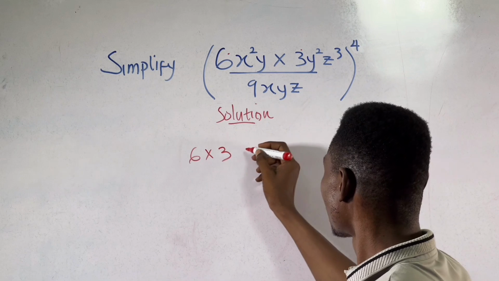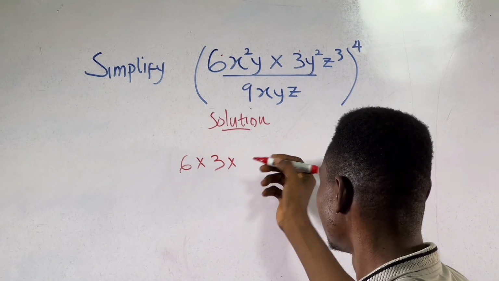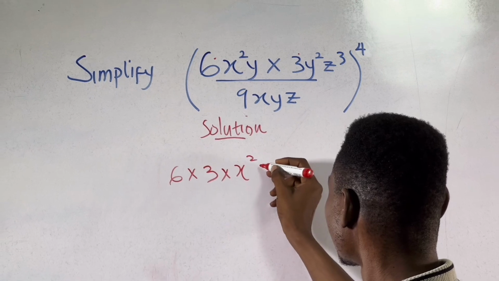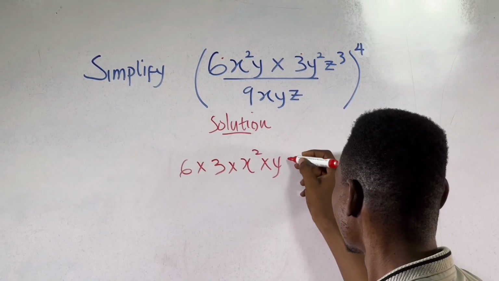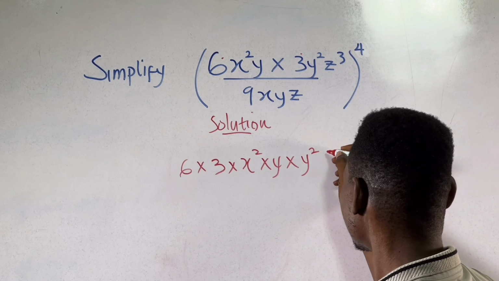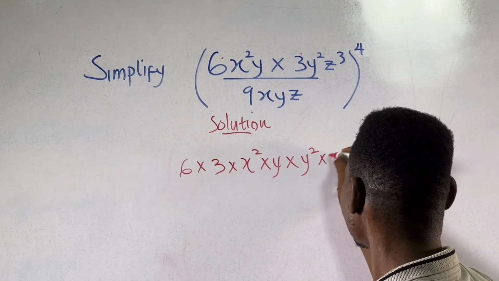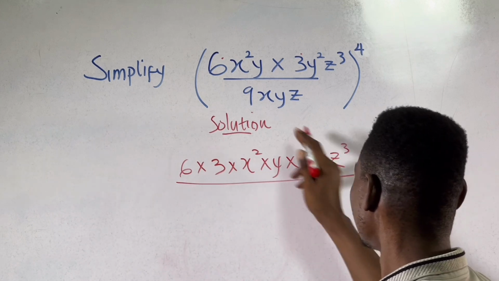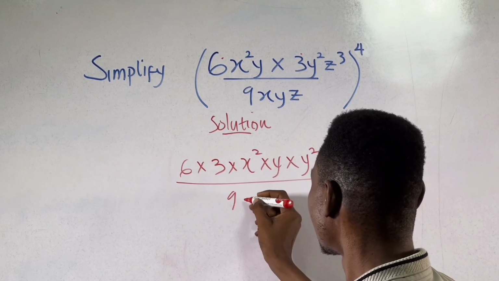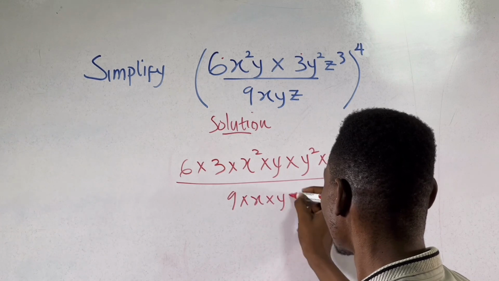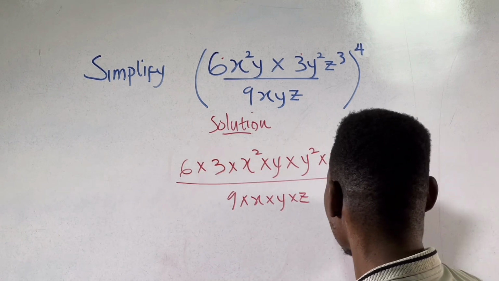Then for x we'll have, okay, let me use the multiplication sign, x squared y squared and z raised to power 3. Now the denominator will have straightforward 9 x y z all raised to power 4.